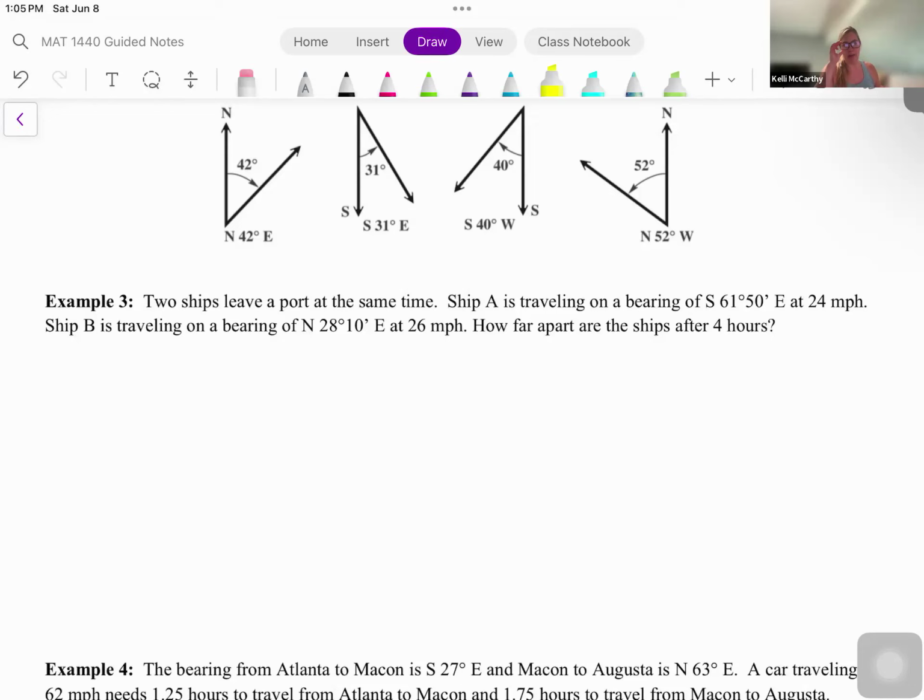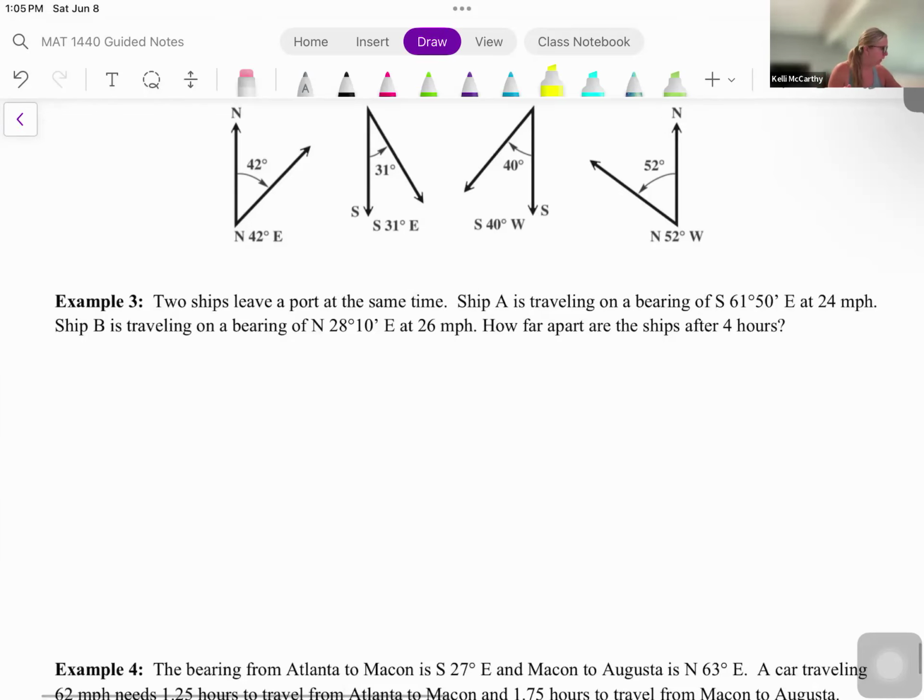So let's start setting up our picture. Again, two ships are leaving port at the same time, so we're going to start with drawing our port and an auxiliary compass just to help us start drawing some lines.